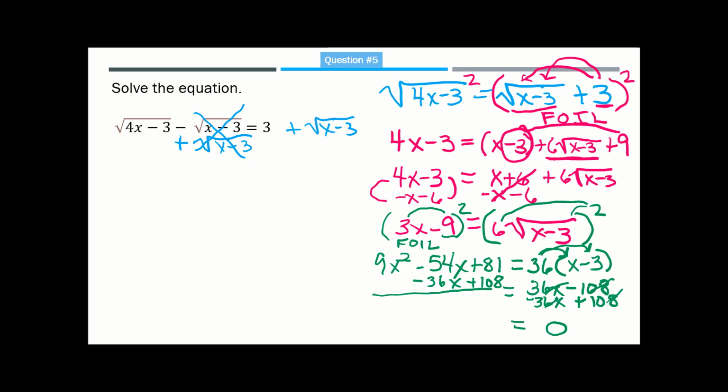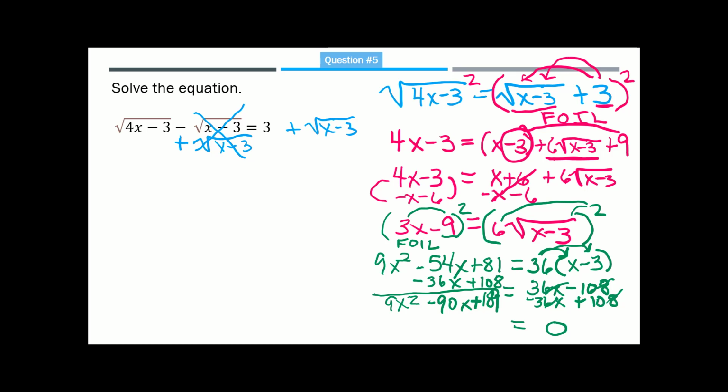On the left, we have 9x squared and negative 54 plus a negative 36 is a negative 90x, plus 108 plus 81 is 189. I'm just trying to double check, guys.